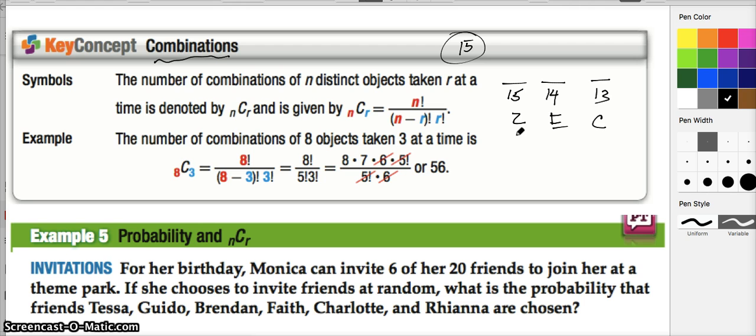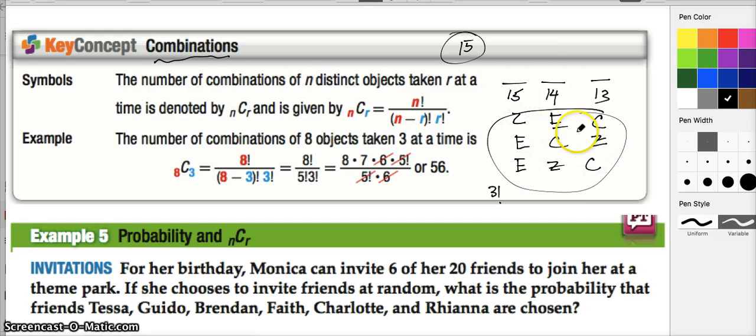But another possibility would be Eva, Charlie, Zoe. Another possibility would be Eva, Zoe, then Charlie. So these are all distinct things. How many of these are there? There's 3 factorial different ways to arrange these 3 young ladies in the choice of me choosing them. So there's 3 factorial different circumstances that can happen.